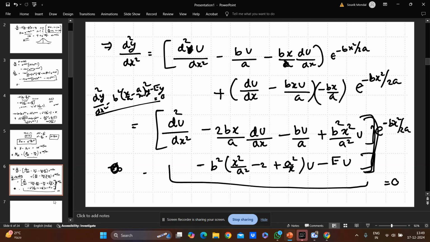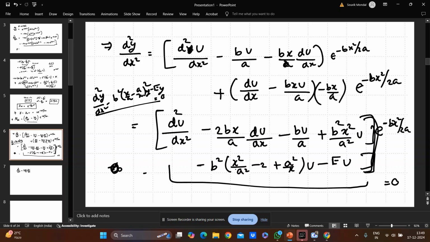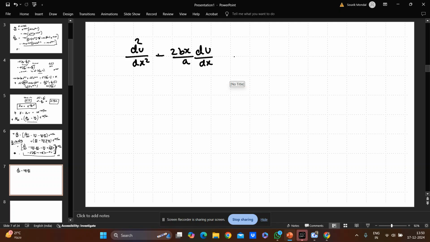Now do a little simplification. So d2u dx2 minus 2bx by a du dx, and you can observe that the minus b square x square by a square into u and the plus b square x square by a square into u, these two terms will cancel. So finally you will survive with plus u into 2b square minus e minus b by a minus b square a square by x square, equal to 0.